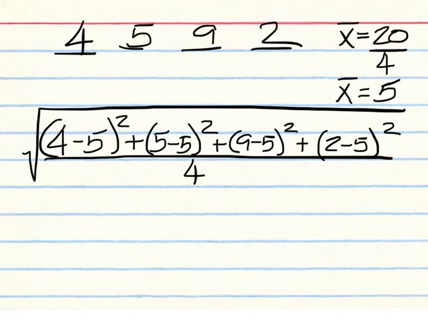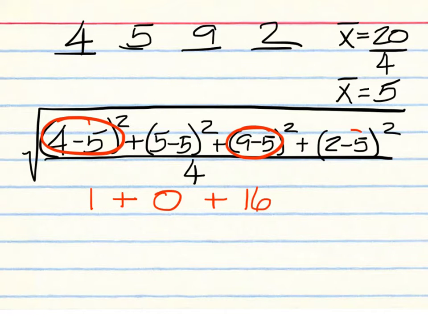So when we go back and look at this, we'll have a negative 1 squared is 1. And then 5 minus 5 is 0. 0 squared is 0. 9 minus 5 is 4. Squared is 16. And 2 minus 5 is negative 3. Squared is 9.